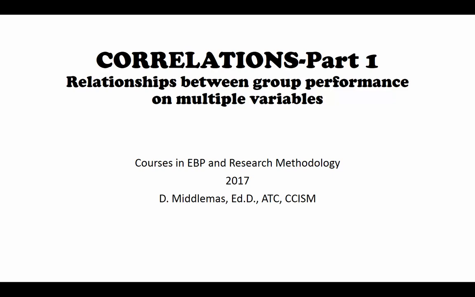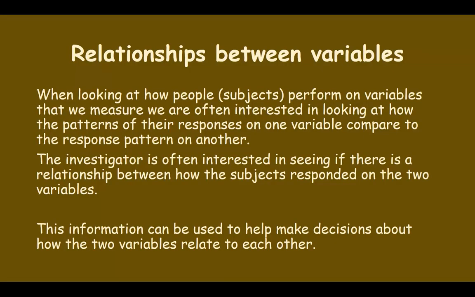We want to look to see if there is some sort of relationship between how a group of individuals performs on multiple measures. Usually for these investigations, we are looking at a single set or sample of subjects, and we're going to look at more than one variable.